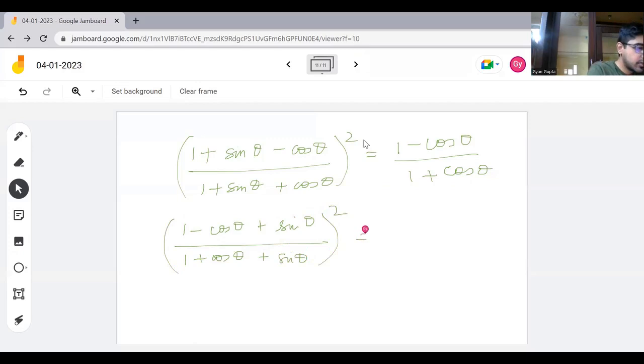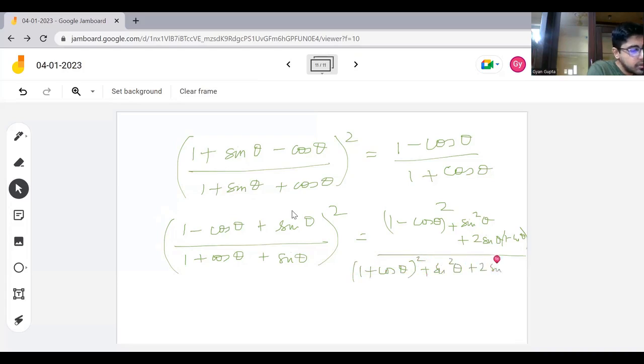This can be written as 1 minus cos theta, where 1 minus cos theta becomes A and sine theta becomes B, plus sine squared theta plus 2 sine theta into 1 minus cos theta by 1 plus cos theta whole square plus sine squared theta plus 2 sine theta into 1 plus cos theta.